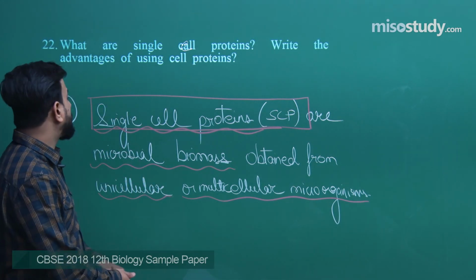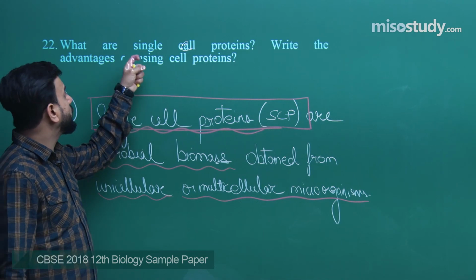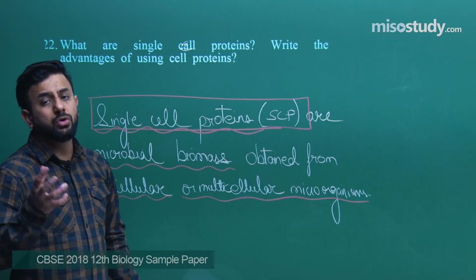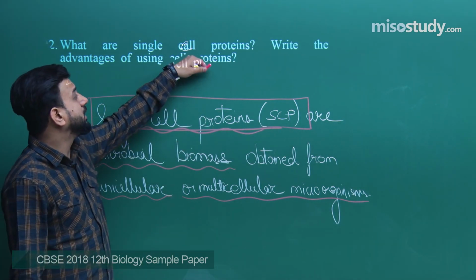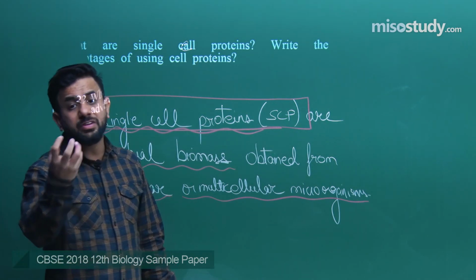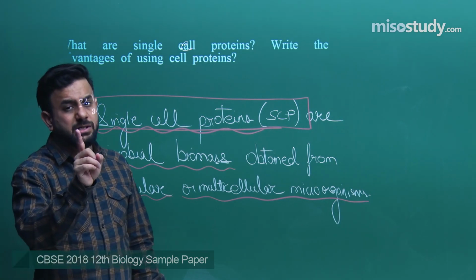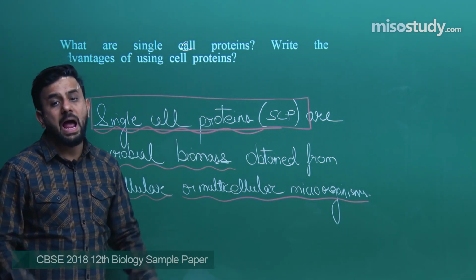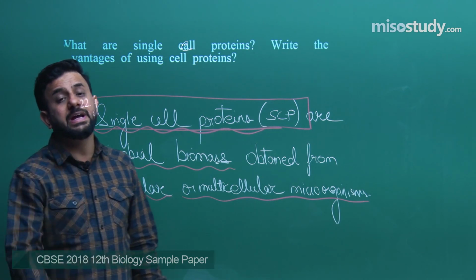Now these single cell proteins, as the word says, are basically very rich in protein. They are a very good source of diet, but not fat. They are a rich source of protein and hence can be used as a food or a feed additive.